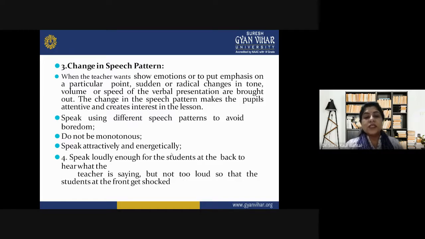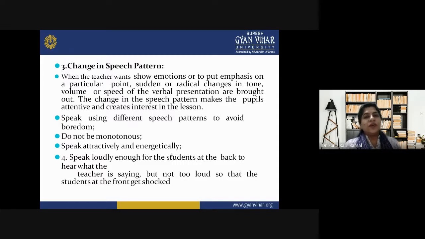The change in the speech pattern makes the pupils attentive and creates interest in the lesson. So, speak using different speech patterns to avoid boredom. Do not be monotonous, speak attractively and energetically. So, this is something that will motivate the students in your teaching, that they will be interested and they will rather wait for your class when it is your period.